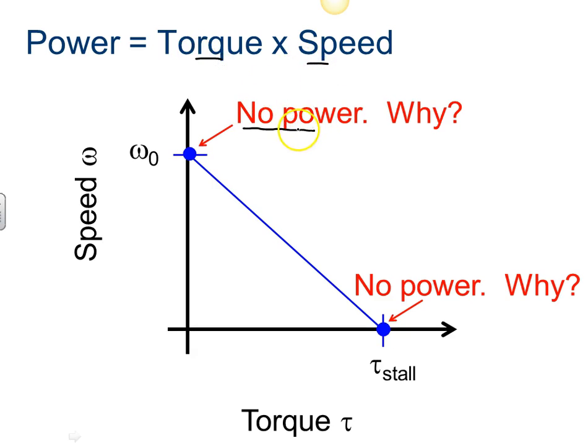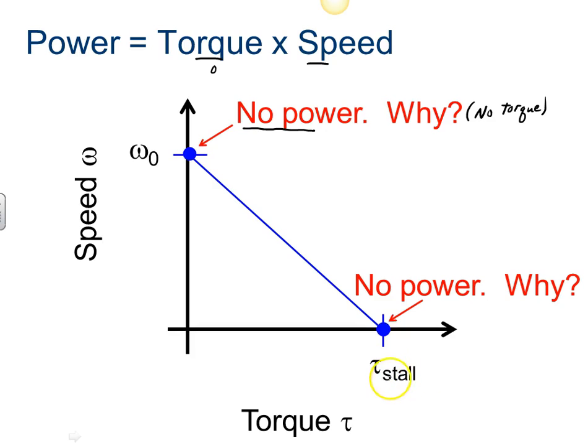Why no power here? Well, the answer is pretty obvious. We're at 0 torque. So if we follow our x-axis, the x value for this is 0. If torque is 0, then 0 times anything is still going to be 0.